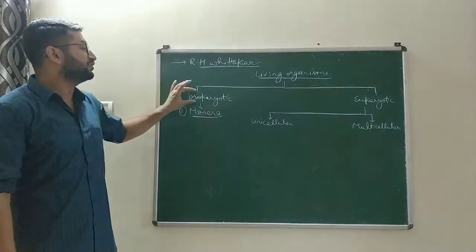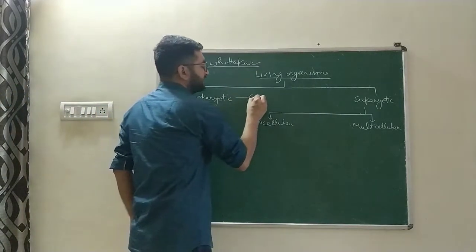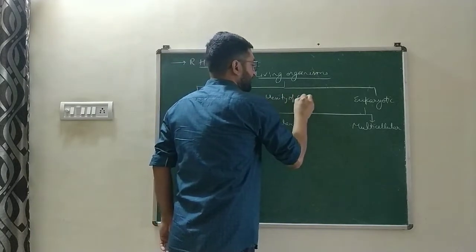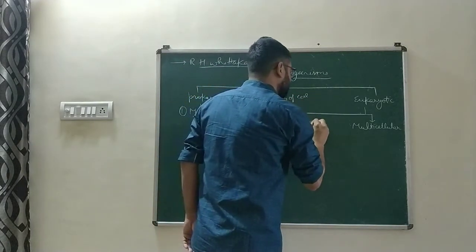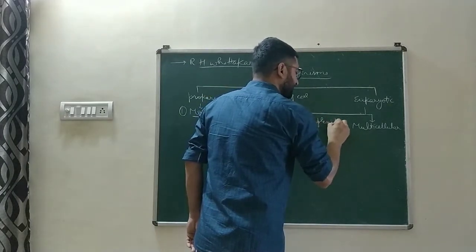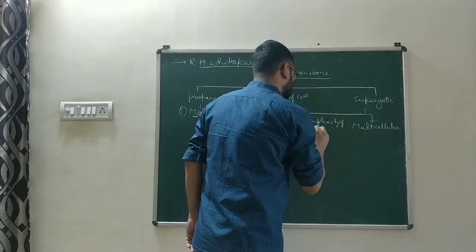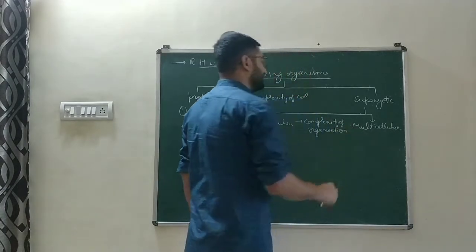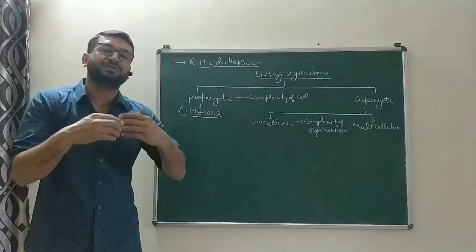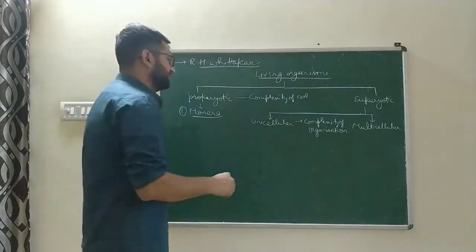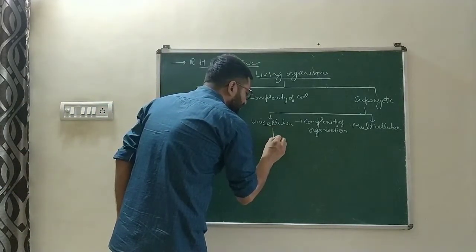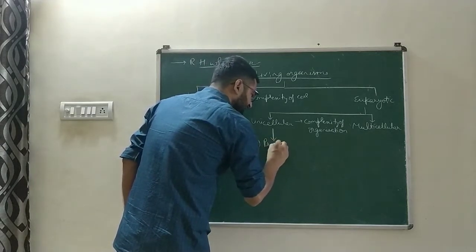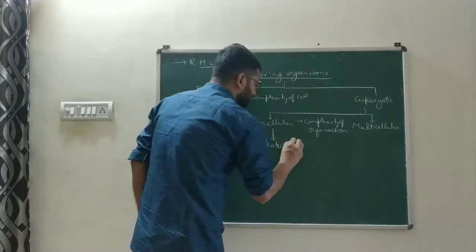So the first character he chose was the complexity of the cell, and then complexity of the organization. Complexity of the cell organization, whether the organisms are unicellular or multicellular. In unicellular eukaryotes, he made a second kingdom, that is Protista.